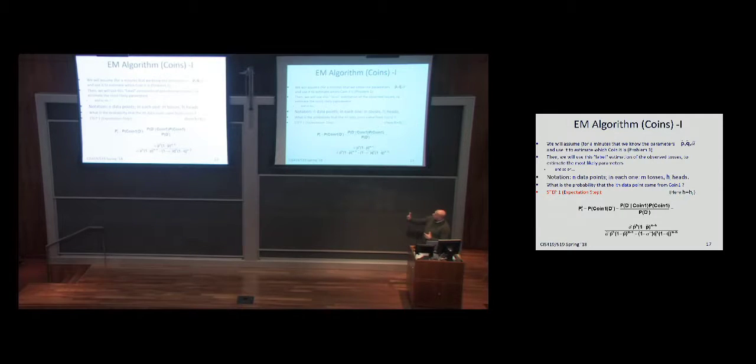And now I looked at a sequence of M tosses, and you asked me what is the probability that this sequence of M tosses came from this coin? Right? There are 2 options. It's either the 0th coin or the first coin that generated it. Okay? What is the probability that it's this coin? I know that this coin has a probability P for head, and the other one has Q for head.